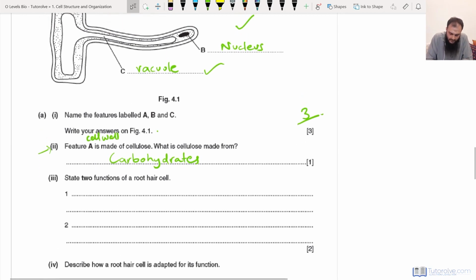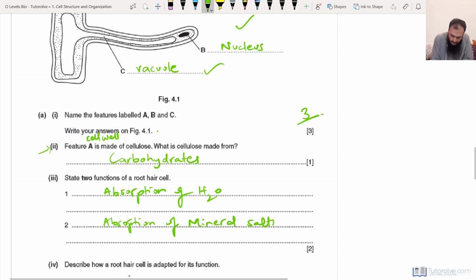State 2 functions of root hair cells. So you remember we talked about them already in the lesson. The first function is absorption of water, and the second function is absorption of mineral salts. Now, although the answer does satisfy the requirement of the question, I would strongly suggest that whenever you are writing in the exam, you go a bit beyond.